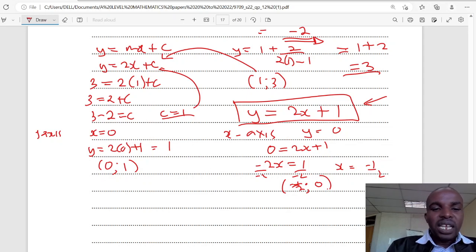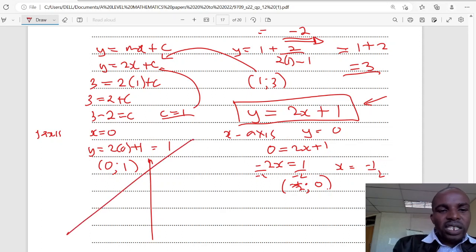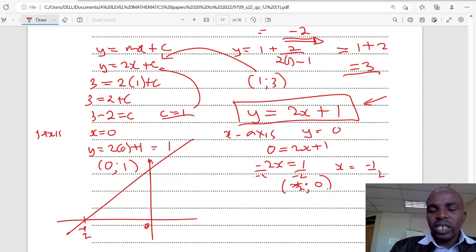Then after that, your triangle now will be like this. So x is minus half, y is 0.